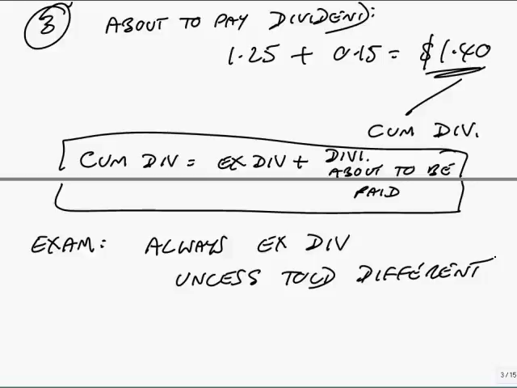So read carefully. If he specifically says it's cum div, or he specifically says they're about to pay a dividend, which means cum div, you do it. If he doesn't say it, you assume it's ex-div. Is that clear?